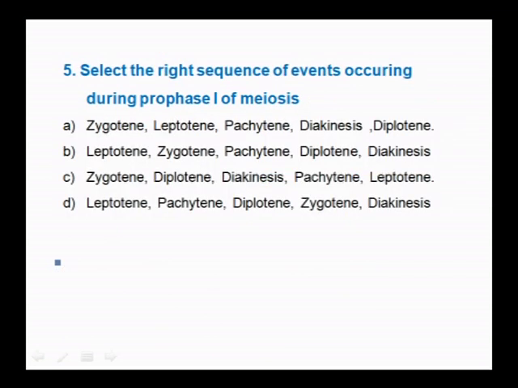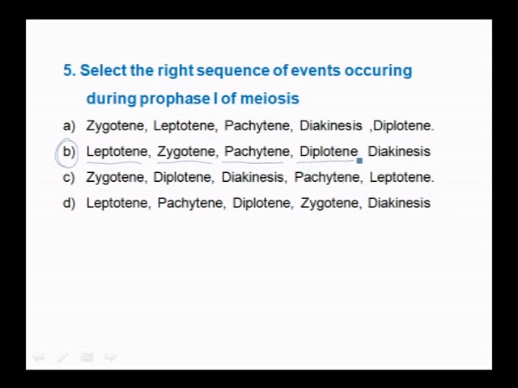Fifth question. Select the right sequence of events occurring during prophase 1 of meiosis. So the right arrangement is option B. First you can see leptotene, then zygotene, then pachytene, diplotene and diakinesis. During leptotene you can see the formation of chromomeres on the condensing chromosomes. Zygotene is a stage where the homologous chromosomes come together or pair up by a process called synapsis. Pachytene is a stage during which the non-sister chromatids go through the process of crossing over.